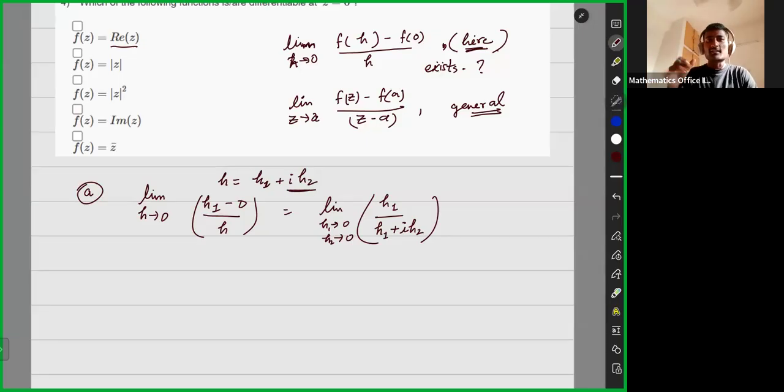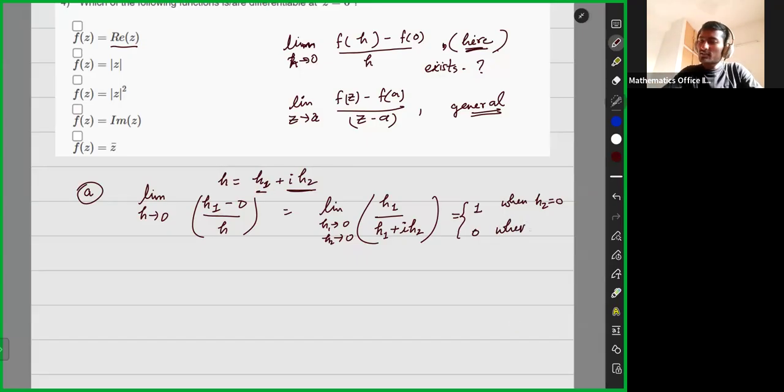If we go via the real axis, then the value is 1. But if we approach via the y-axis, what happens? It is always 0 because there is no real part. h1 is always 0, right?